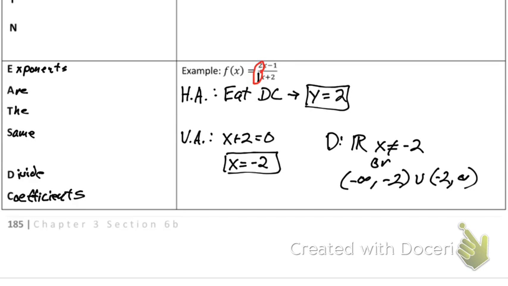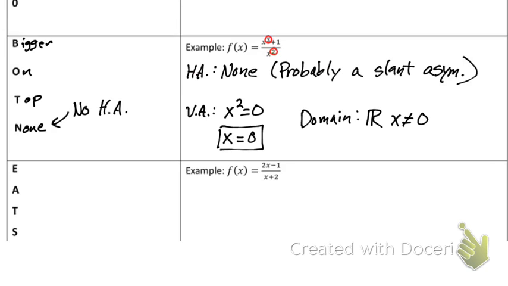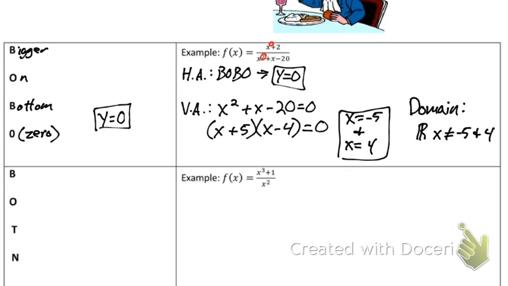I just think this is a lot quicker, especially when you have more, like the one above that has 2. Yeah. So you'd have to write negative infinity to negative 5, union with negative 5 to 4, union with 4 to infinity. This is much easier than writing that. I just thought it says the exact same thing. Yep.